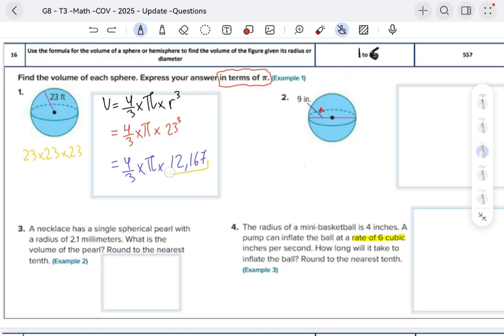To determine if this number is divisible by 3, add the digits together and see if the answer is a multiple of 3. If we add them together, 1 plus 2 is 3, 3 plus 1 is 4, 4 plus 6 is 10, 10 plus 7 is 17. So it's not a multiple of 3. So I'm going to multiply and then we're going to divide by 3.